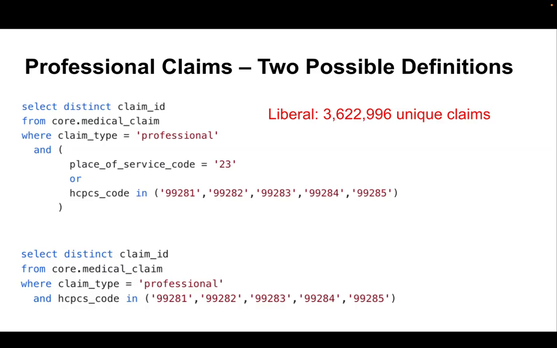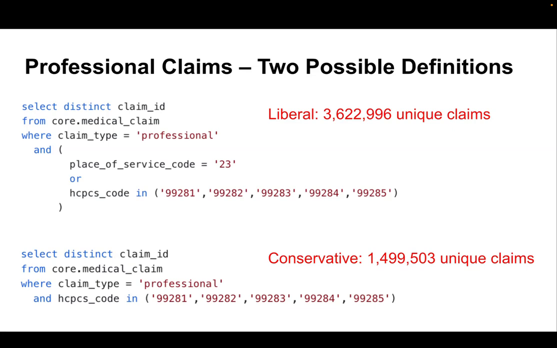This is a place where obviously the tagging of the claims is different. We'll have to see downstream in the process, after we merge claims into visits, if this change actually propagates through and leads to a dramatically different answer. But at face value, these are two very different answers.